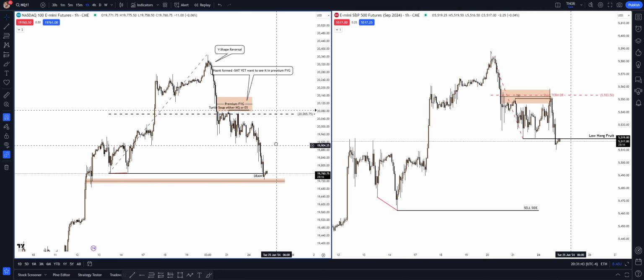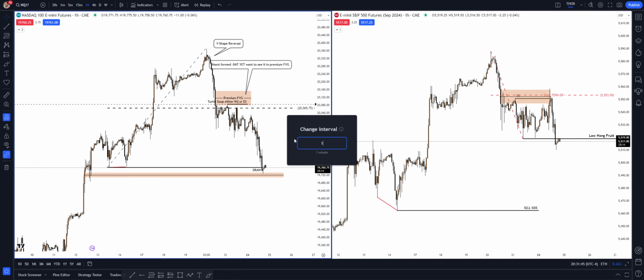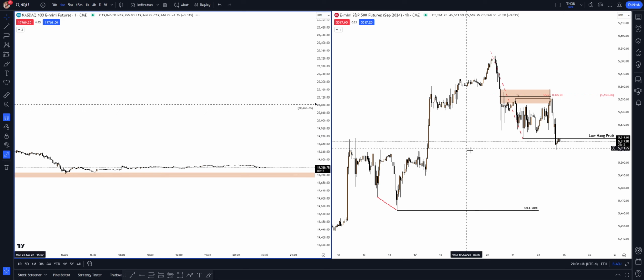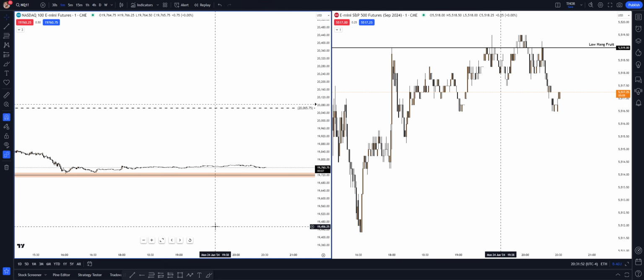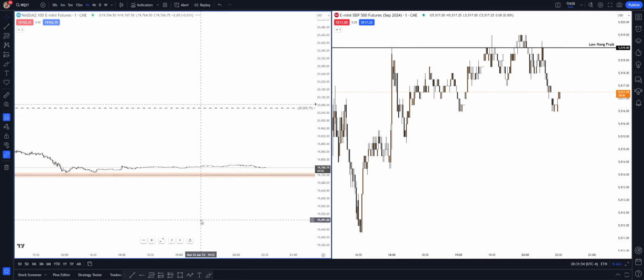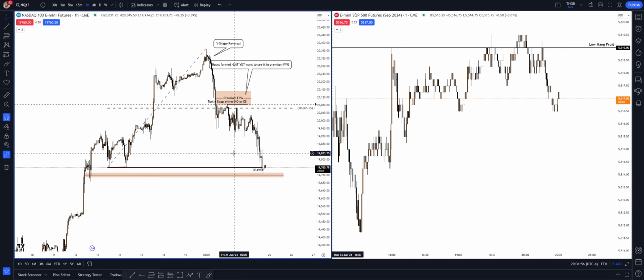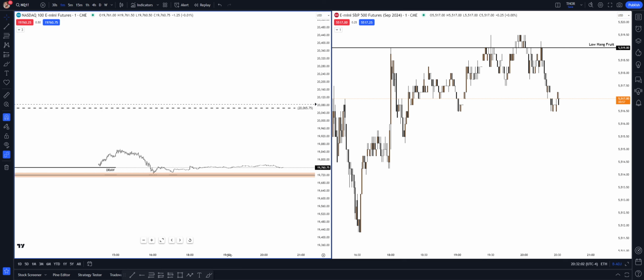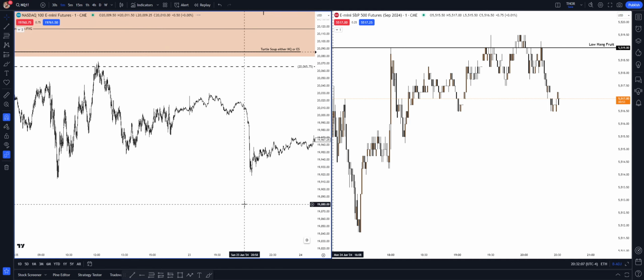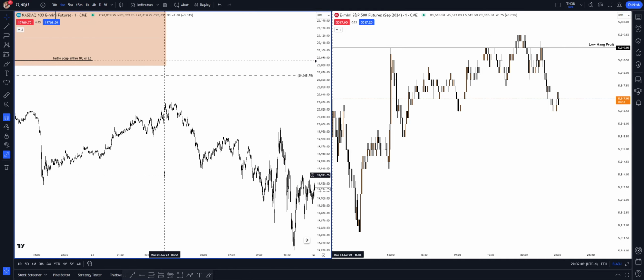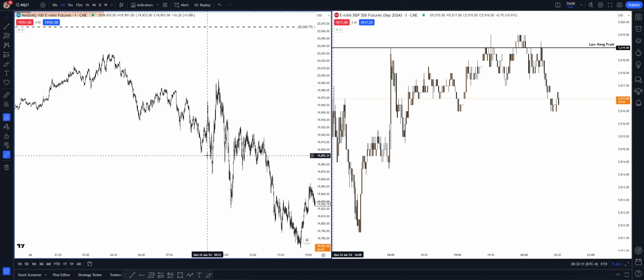Now let's dive in to what happened intraday. Let's take a look at the 1-minute chart. So hold on, actually, let me do this. You know what? I'll do it on the 1-minute. It's the same thing anyways. Okay. New York session, where are you?